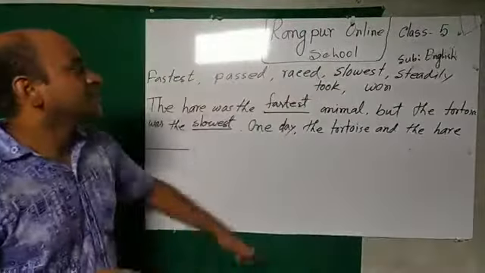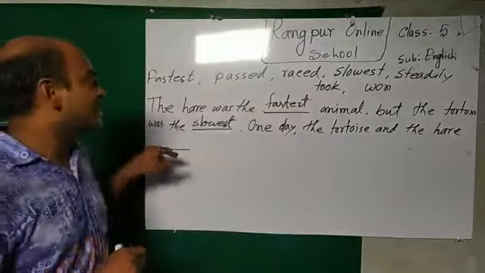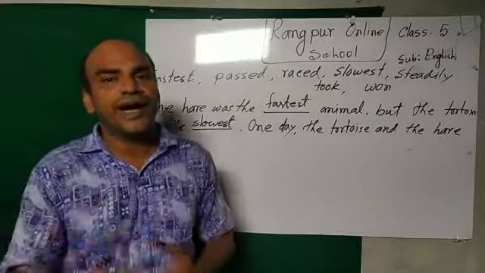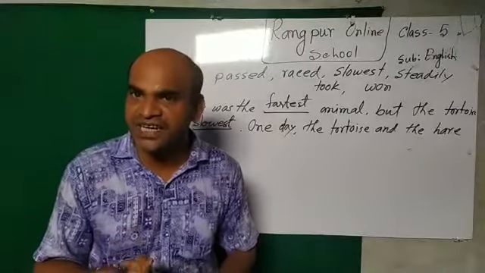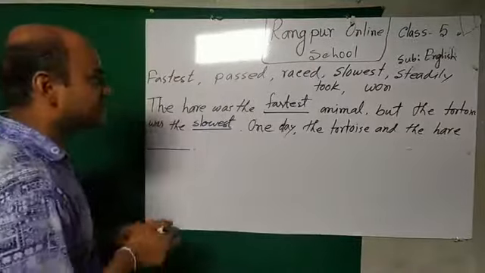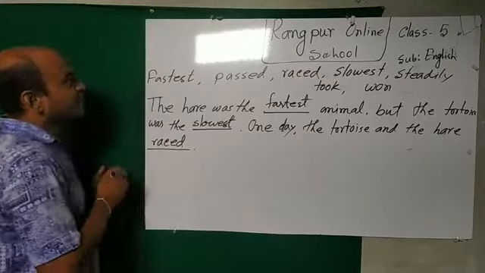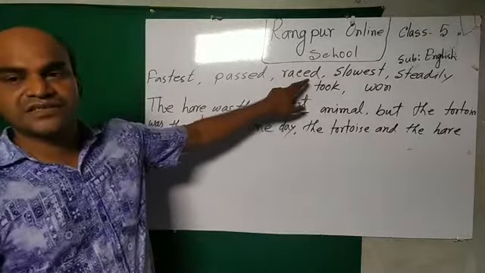That means it's a verb. The tortoise and the hare is the subject, and another word is the verb. What did they do? Now, what did they do? The rest. We can count it in here. Rest.